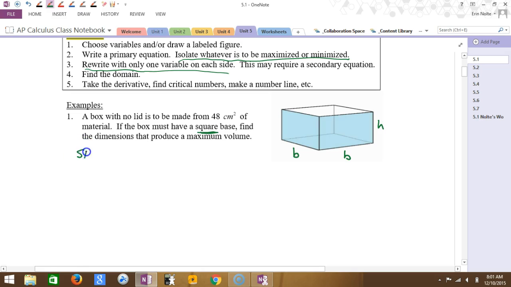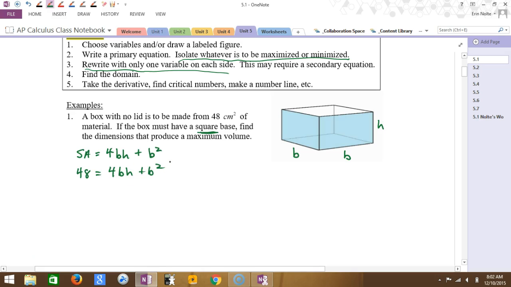So the surface area is 4BH plus B squared. And since we know that there's 48 centimeters of material, that's going to be the amount of surface area that we have.